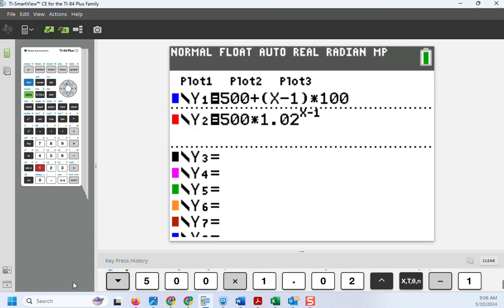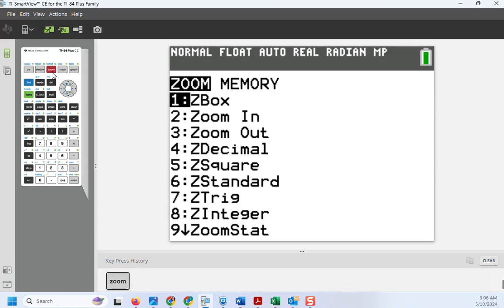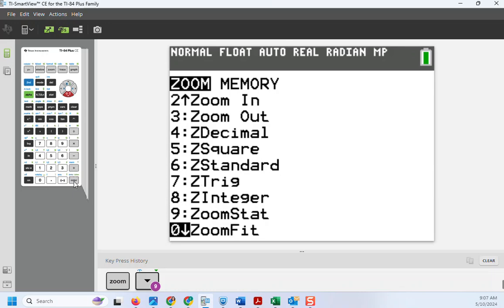All right. Now, if you press graph, we're actually not going to see much because this graph doesn't really happen between -10 and 10. So what I think we're going to try is a zoom fit and see if that helps us. So once you have it, go to zoom, and we're going to go down to zoom fit, which is choice 0.